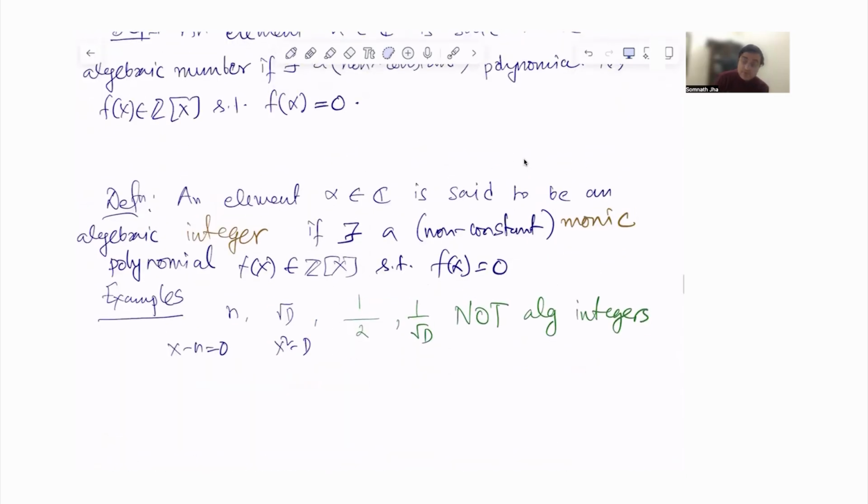Then let's give a further example. Not all are of this form. Let's say alpha equals root 5 plus 1 by 2. Let's see what happens with this.